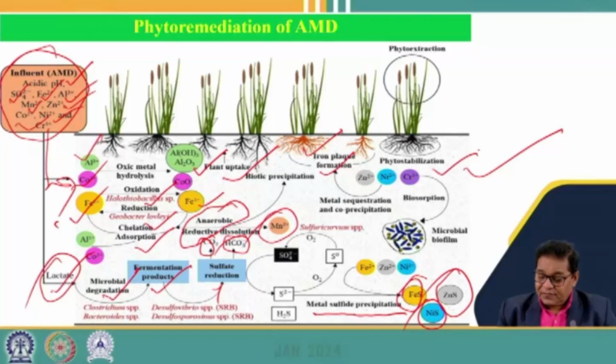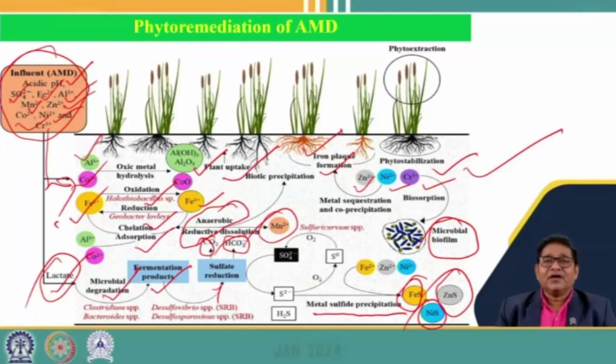And there is the phytostabilization process, where iron and other metals like zinc, nickel and chromium form plaques using the microbial biofilm and get absorbed by the plants. So these are the different processes involved in the phytoremediation of metals and sulfate content present in wastewater, especially in acid mine drainage.